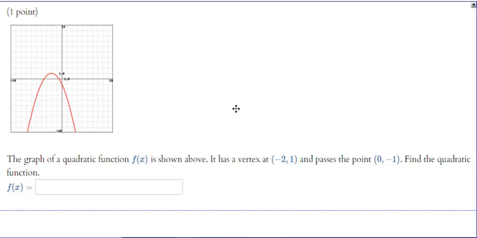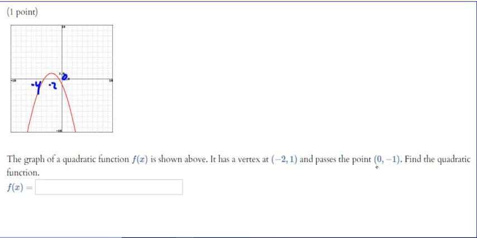All right, so on this one, again, I'll show you how to get the 3 points. So we know that we have 2, negative 2, 1, right? And then 0, negative 1. So if this is negative 2, and I go 2 places because that's 0, this would be negative 4.